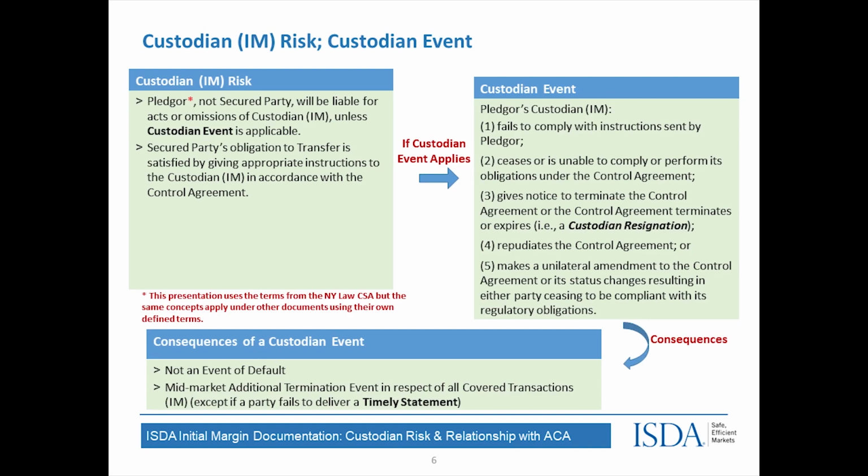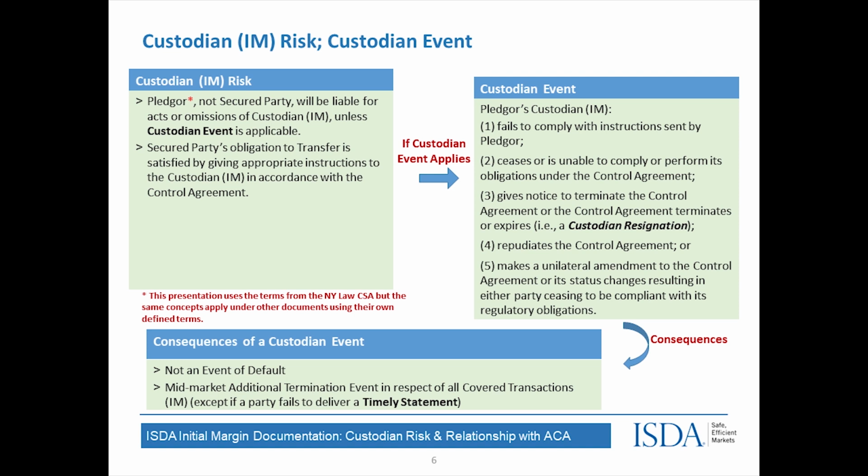So one obvious question then becomes, well, who bears the risk of the IM custodian either defaulting or resigning? And it has become market standard that the pledger chooses their custodian and as a result is the one bearing that risk. Now, there is no regulatory requirement that the pledger choose the custodian.